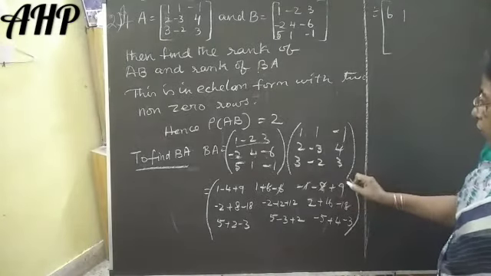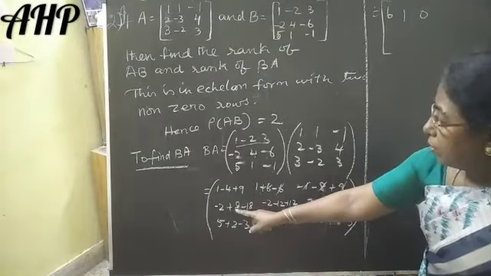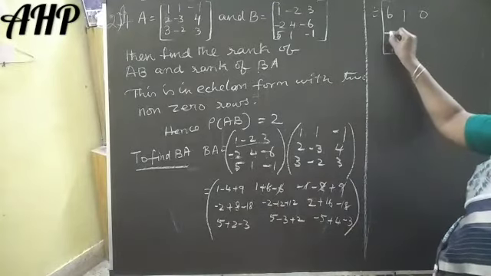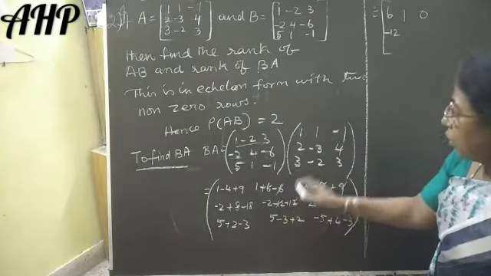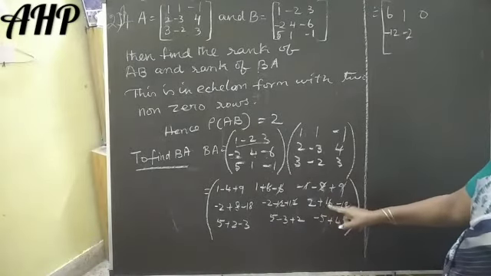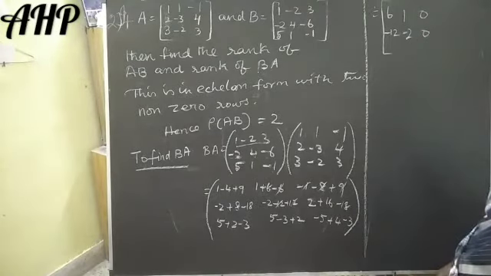Here minus 9 plus 10 gets cancelled, 0. Then minus 10 minus 2, minus 12. Here minus 12 plus 12 gets cancelled, minus 2. Here you get plus 18 minus 18 gets cancelled, 0.